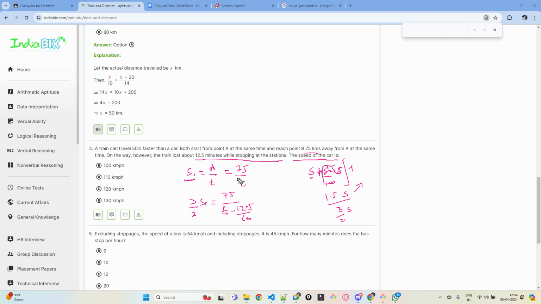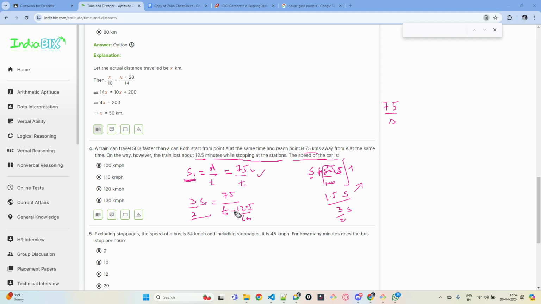Now with the given data, we have got two formulas. The speed of the car will be distance by time, which is 75 by t. So time will be 75 divided by speed. This is the time taken by the car. What will be the time taken by the train? This is the speed of the train, and this is the distance by time taken by the train.